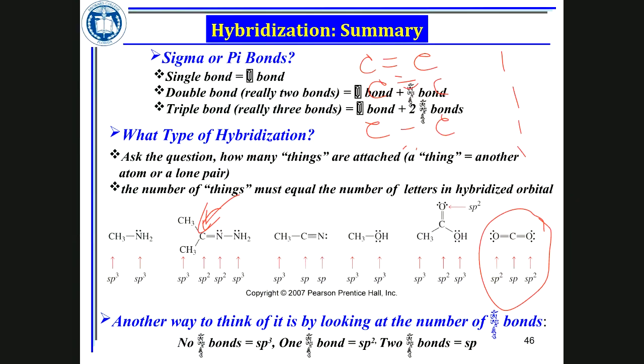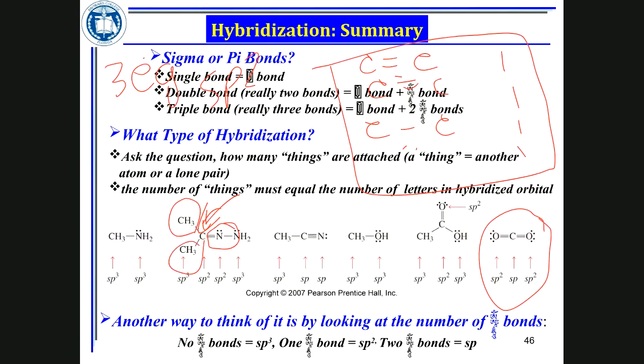So this is the table I asked you to make sure to write somewhere yesterday. If you have 3 electron domains, it is going to be sp2. So this carbon here is sp2 because you have 1, 2, and 3 groups attached to the carbon.